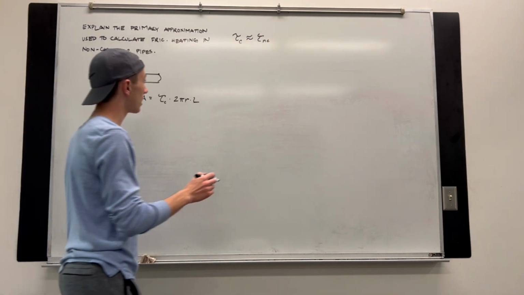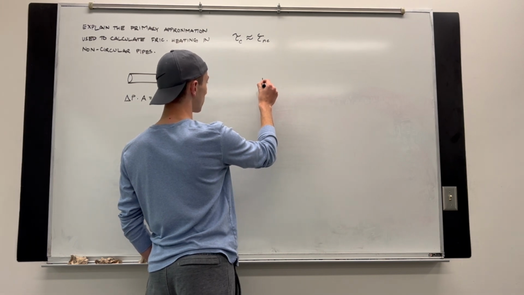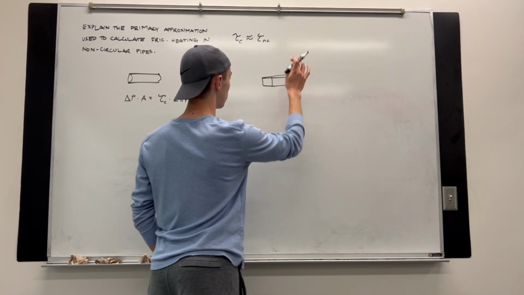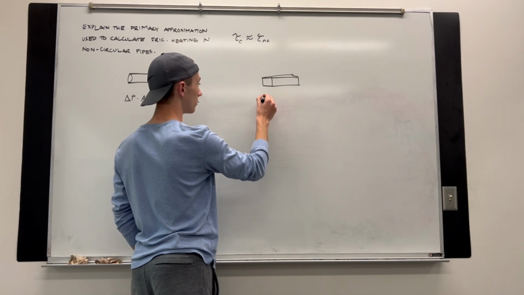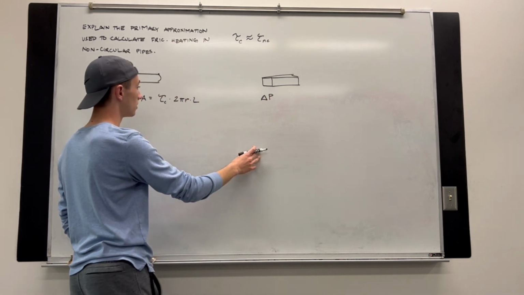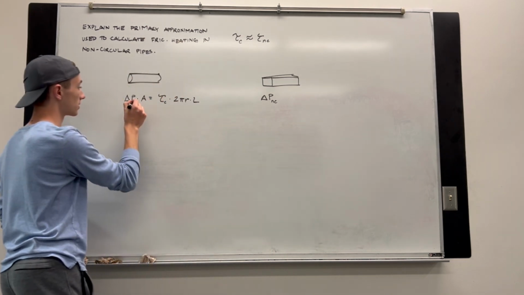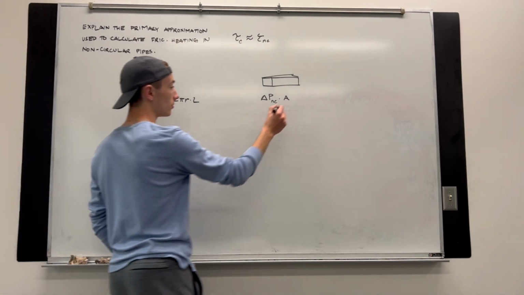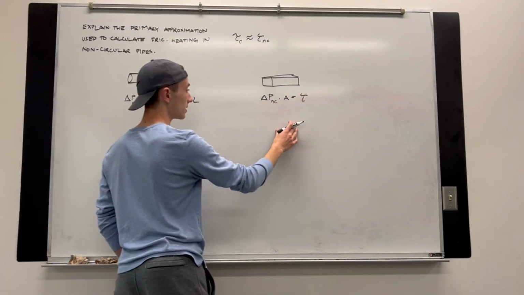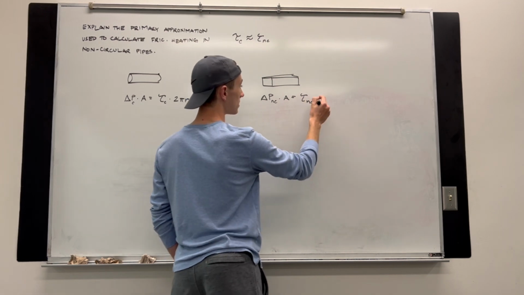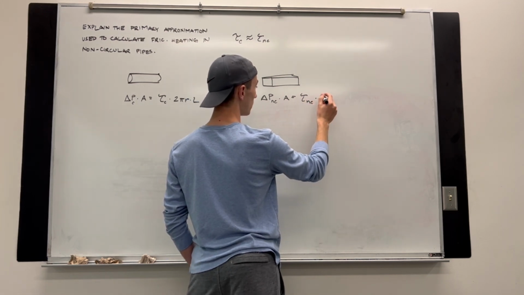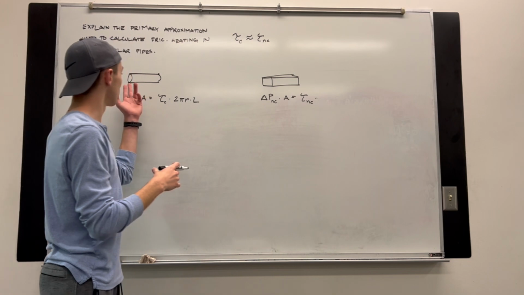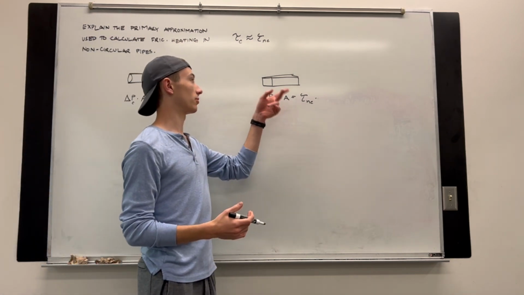And then we can do the same thing for, let's say, a non-circular pipe, right? So just like before, we have the change in pressure on a non-circular pipe times the cross-sectional area is equal to the shear stress of the non-circular pipe times, again, the surface area, which is going to be the perimeter, just like the circular pipe, times the length, except the perimeter is not 2 pi r, right?